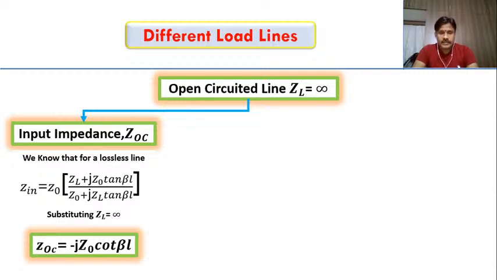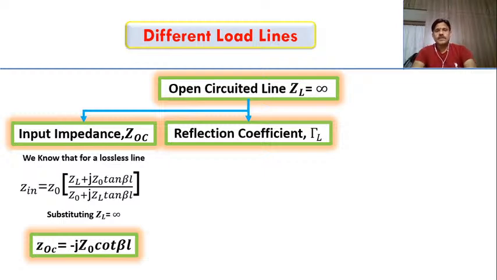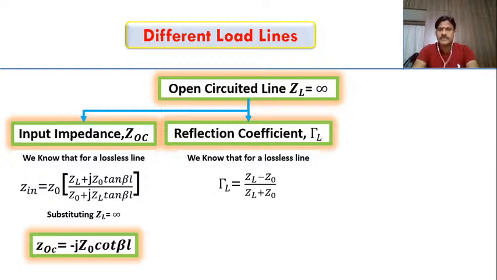First take ZL common, then ZL gets cancelled, then only in the denominator terms you get infinity, make those terms 0, and you will finally get ZOC as minus j Z0 cot beta L. Now the second one, the reflection coefficient gamma L. The same procedure: wherever you have ZL, substitute infinity. We know that for a lossless line gamma L equals (ZL minus Z0) by (ZL plus Z0), and similarly.